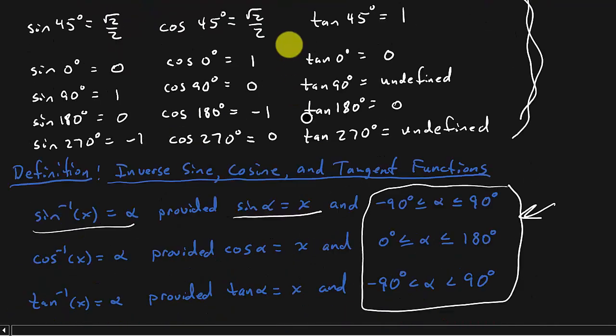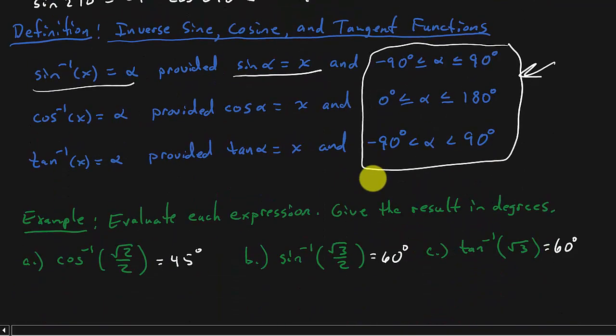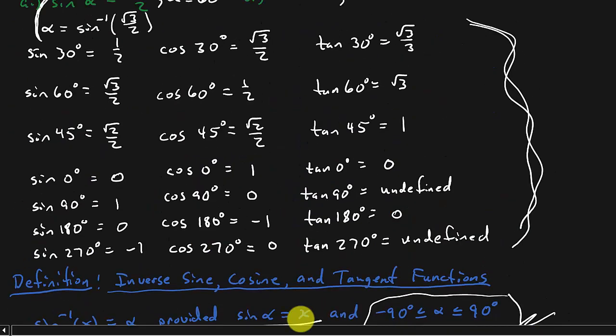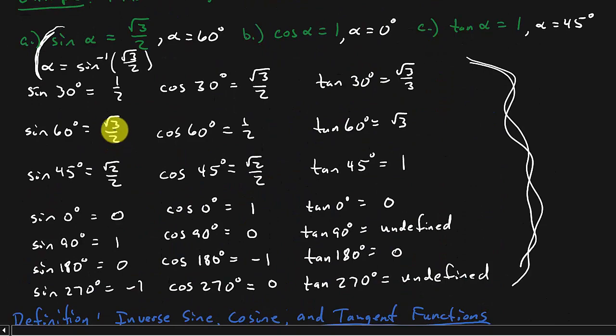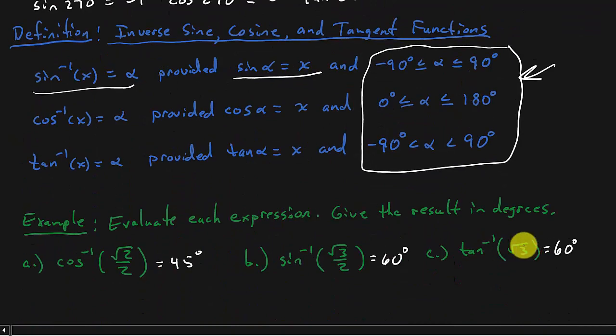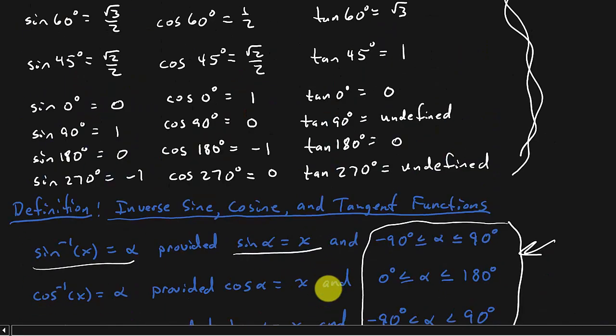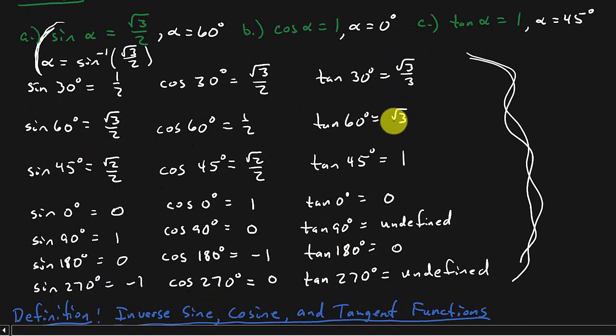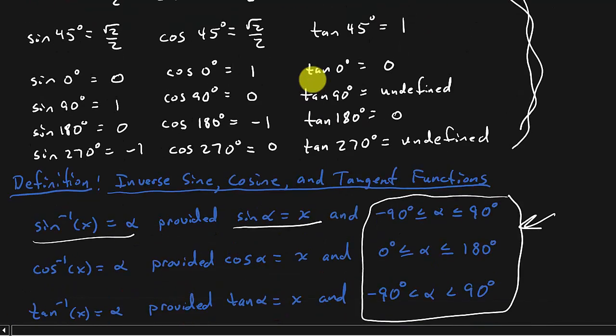And then the other one was, I think, inverse sine of square root of 3 over 2. Well, look at this. There's square root of 3 over 2, the sine of 60 degrees. And then the other one was inverse tangent of square root of 3. Well, if we go back up here, the tangent of 60 is the square root of 3. That's all you're doing there.